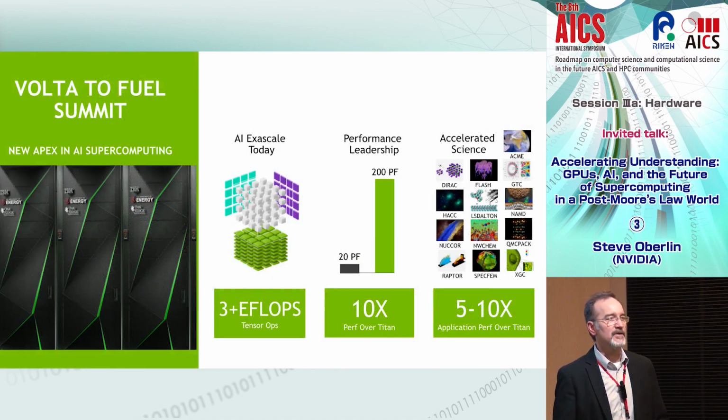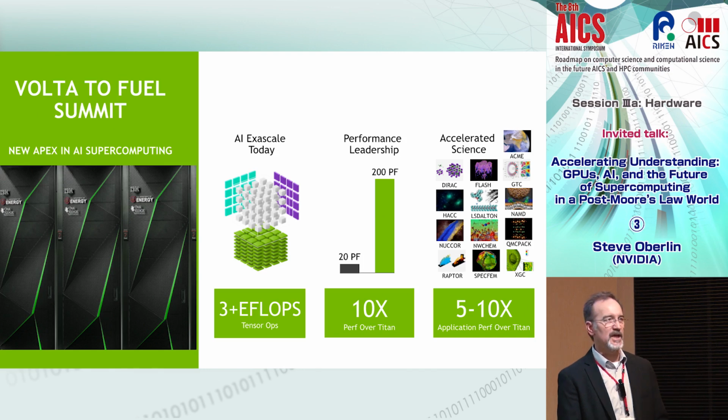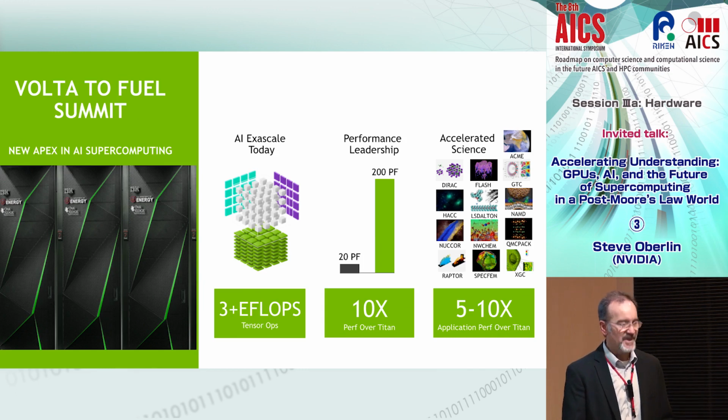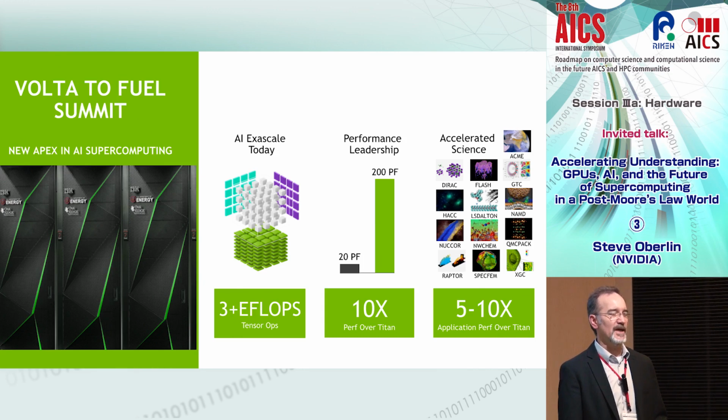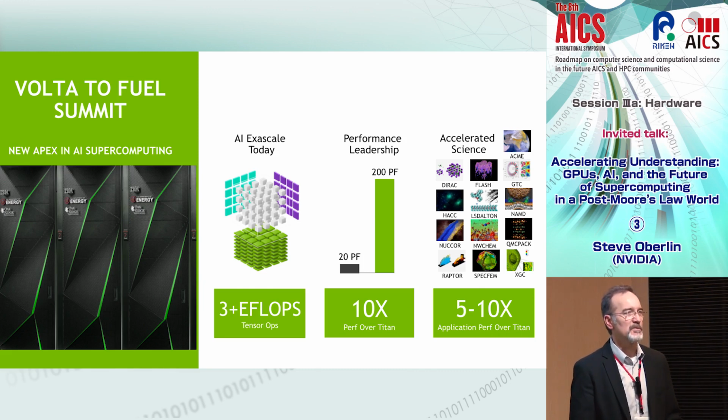And if you look at the very large Department of Energy systems that are being installed at Oak Ridge National Laboratory and Lawrence Livermore in the United States, these are going to be monsters at doing this kind of compute model. From an AI exaflop standpoint, they're already going to be multi-exaflop capable in inference mode. So they have the deployment side of that. And from a compute perspective, both for the simulations to generate the data sets and to be able to train.